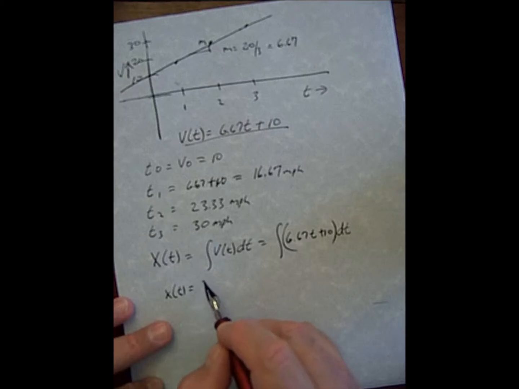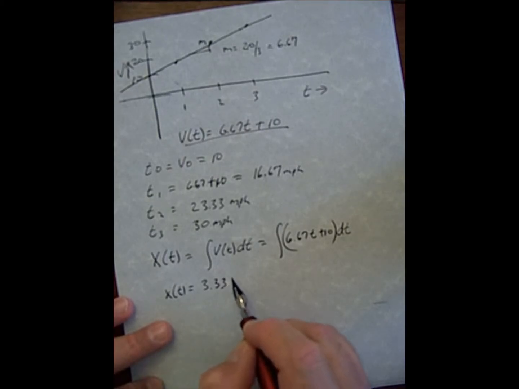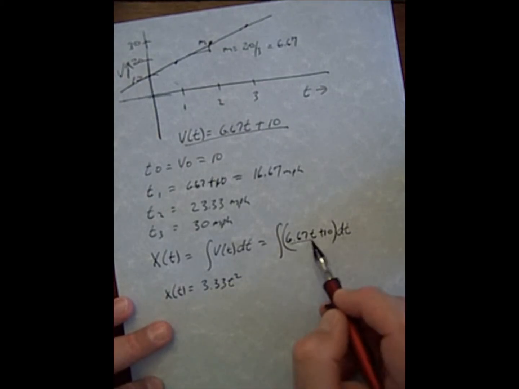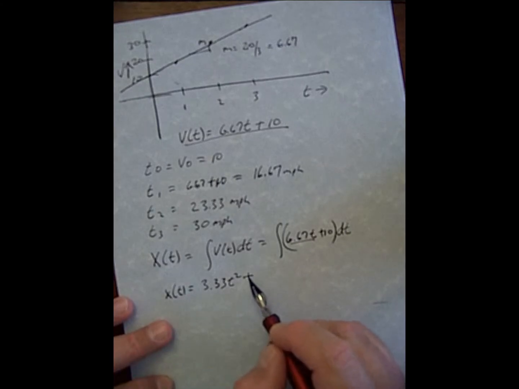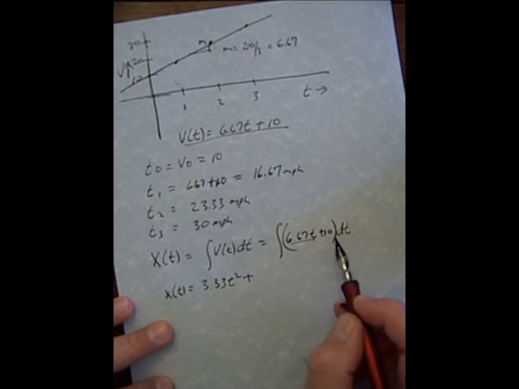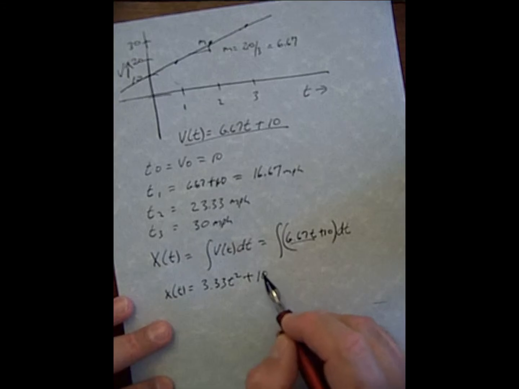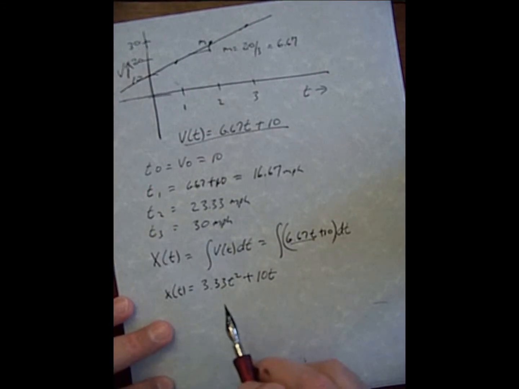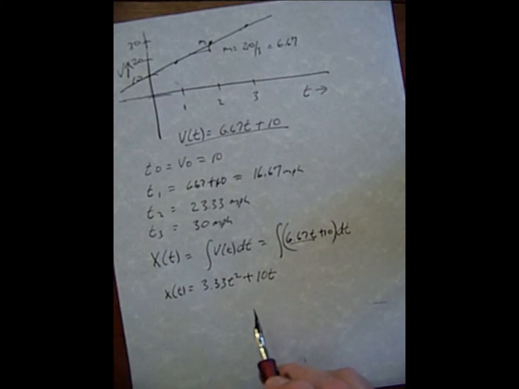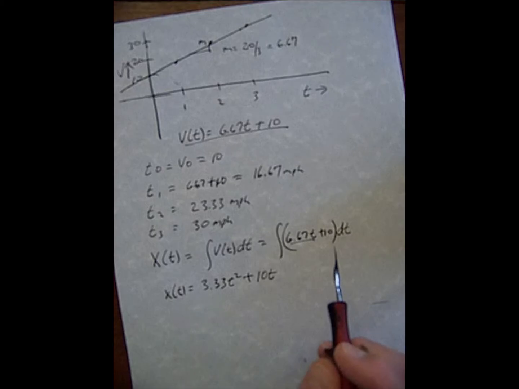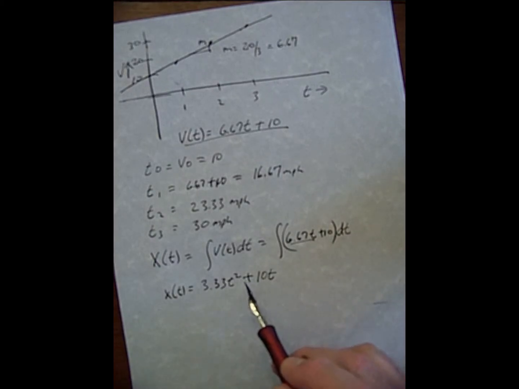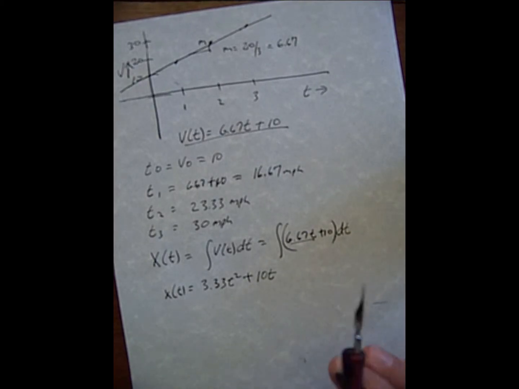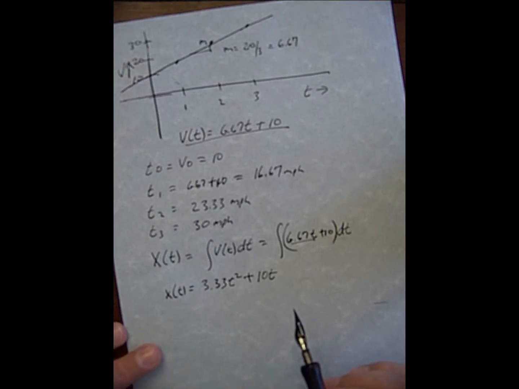So 3.33 t squared is what this term integrates to, plus a constant just becomes a constant times t. So x of t equals 3.33 t squared plus 10t. And don't worry about how we got from here to here. Again, it's just tables of integrals out of a textbook.